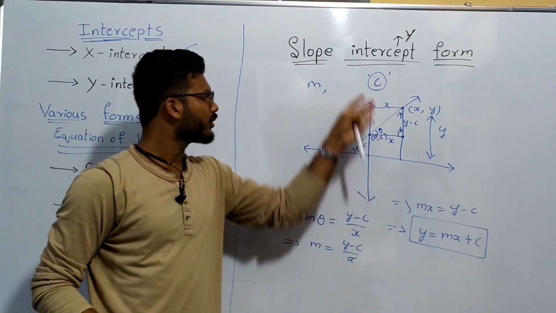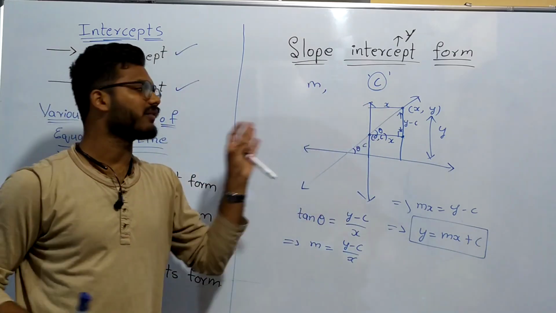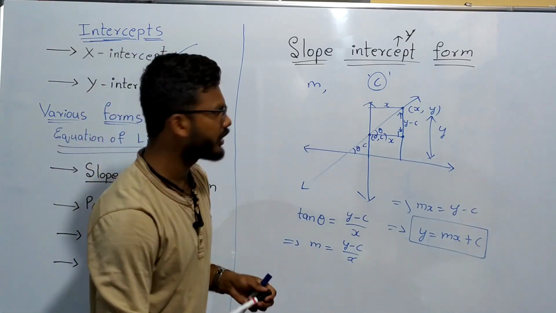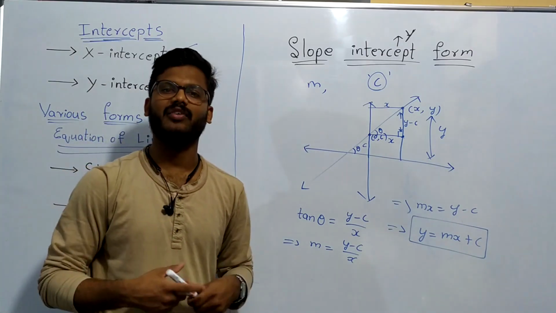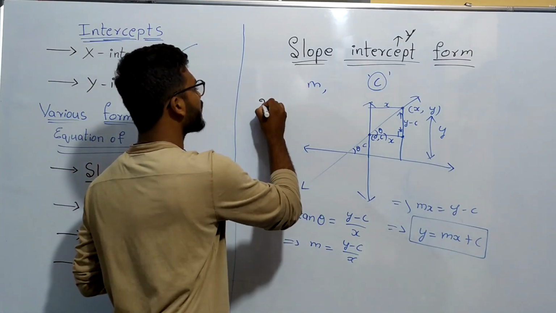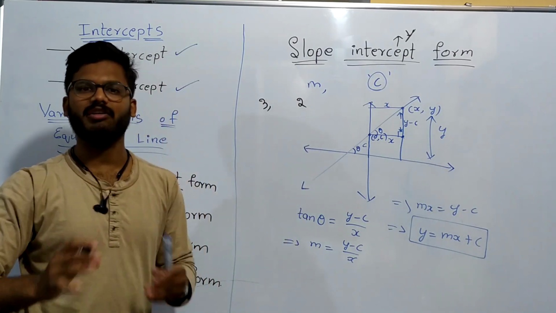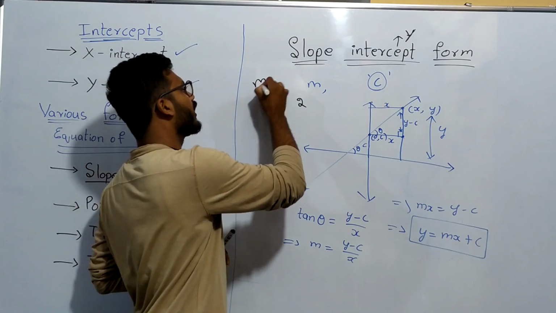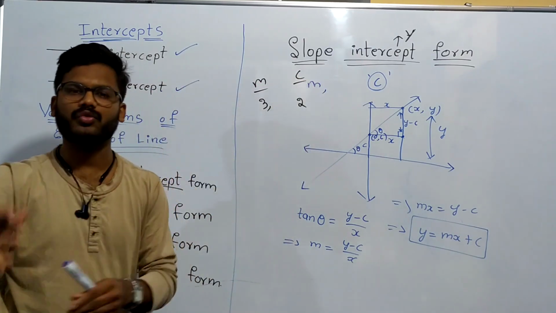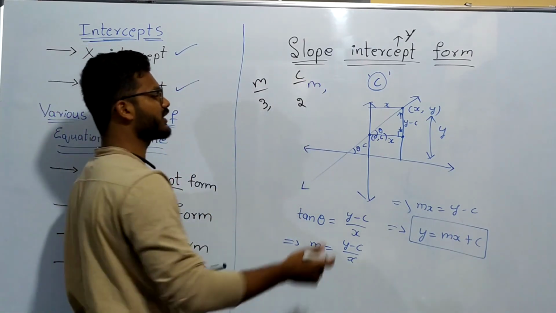You don't have to learn all the derivation of this one. Suppose they give: find the equation of a line with slope 3 and y intercept 2. This is the slope and this is the y intercept. Then how to find the equation of the line?